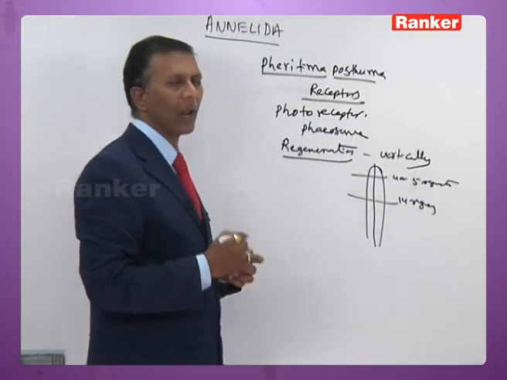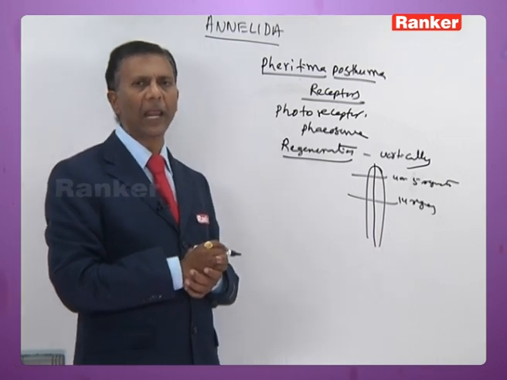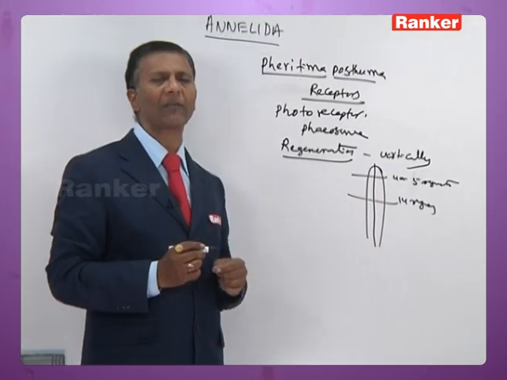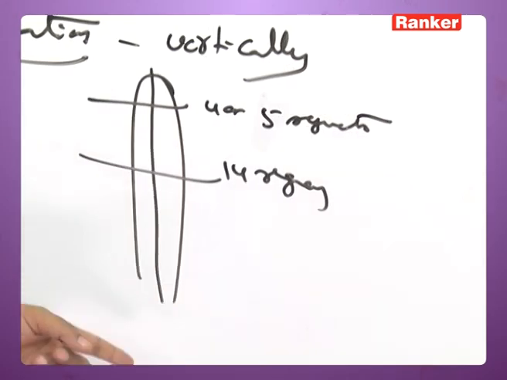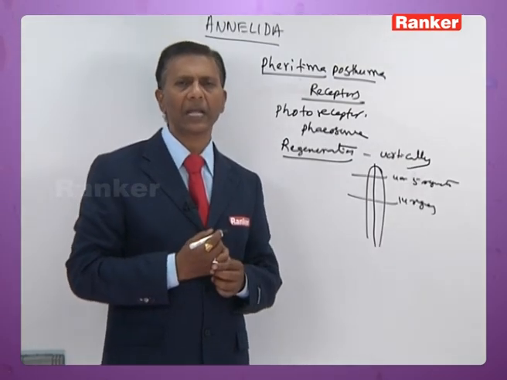When only 4 or 5 segments are cut off from the anterior region, both the segments remain alive. The anterior segment, which consists of hardly 4 or 5 segments, regenerates the posterior part, and the posterior segment, which is behind the 4th or 5th segment, regenerates the anterior part.